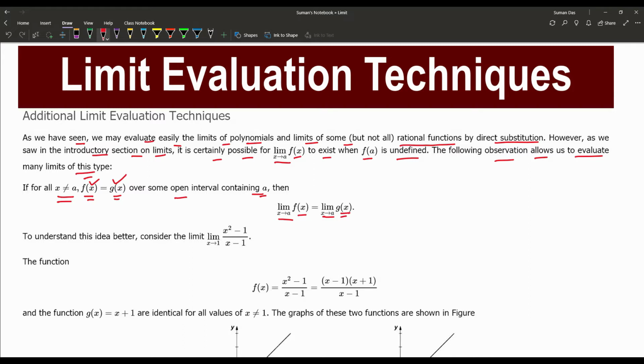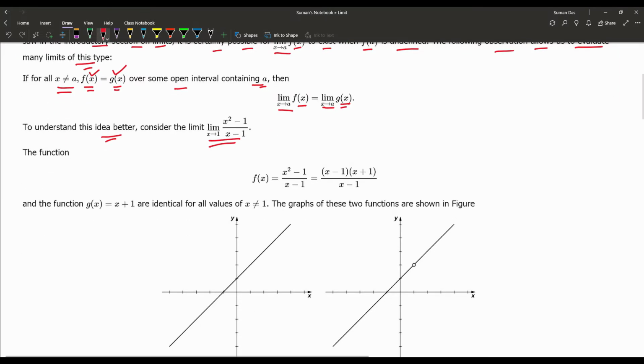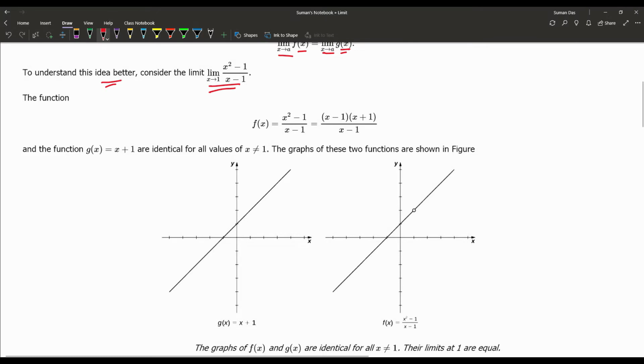To understand this idea better, consider the limit we already discussed in the previous video lectures: the limit as x tends to 1 of (x square minus 1) upon (x minus 1). The numerator x square minus 1 can be written using the a square minus b square formula as (x minus 1) into (x plus 1).